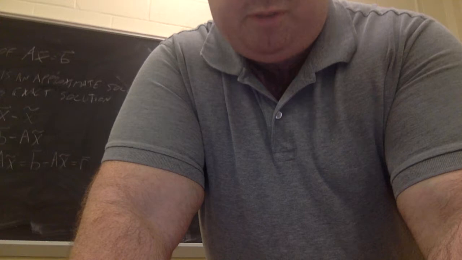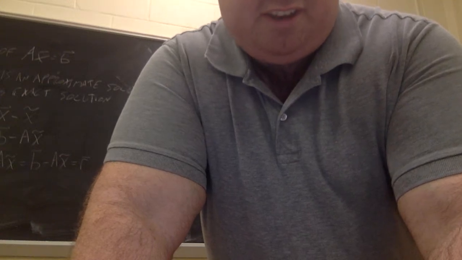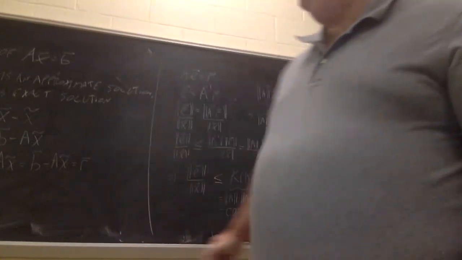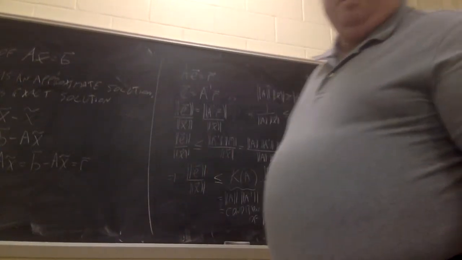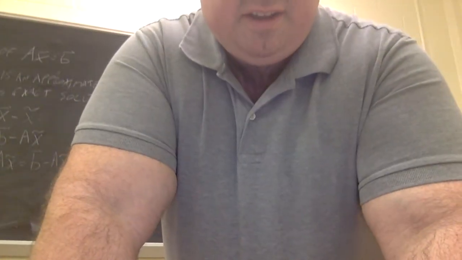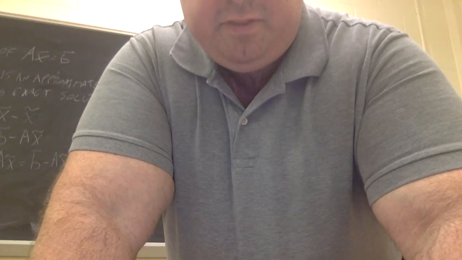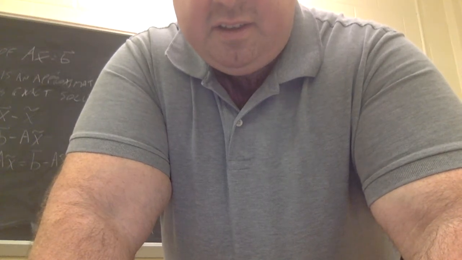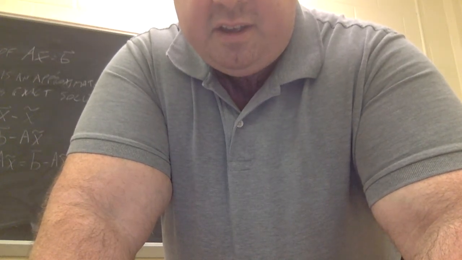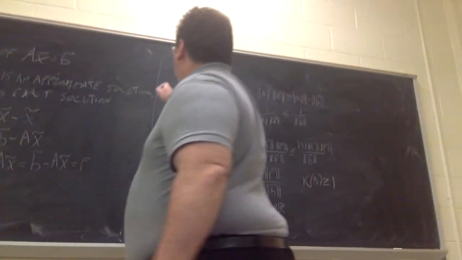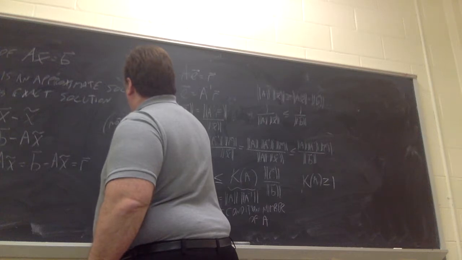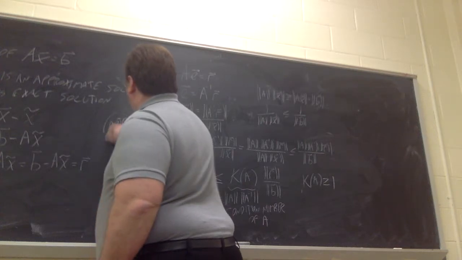Now, to see this from a point of view of sensitivity, I should mention where this came from. This was actually worked out in the notes, section 3.5 in the book.